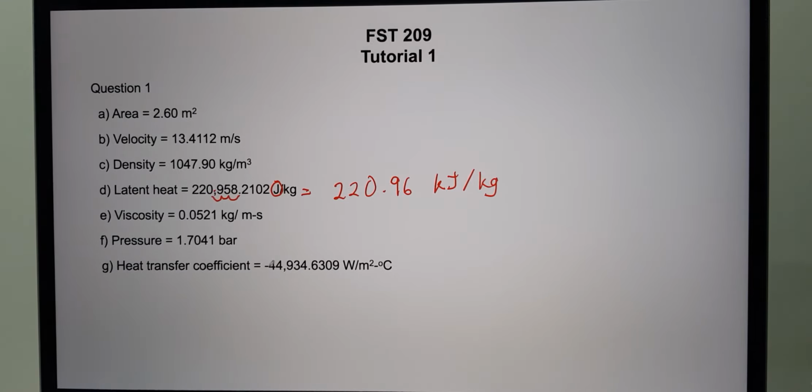Okay, when we have the value of negative here, meaning that the heat is being given off to the system. This one involves cooling, whereby the hot material is being cooled, so meaning that the heat is being given off to the environment.